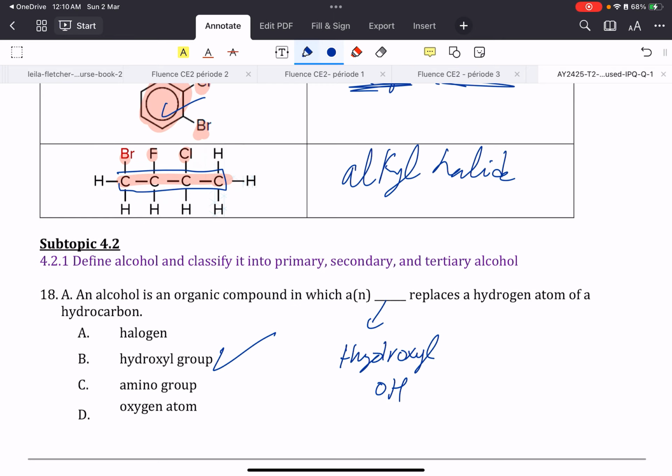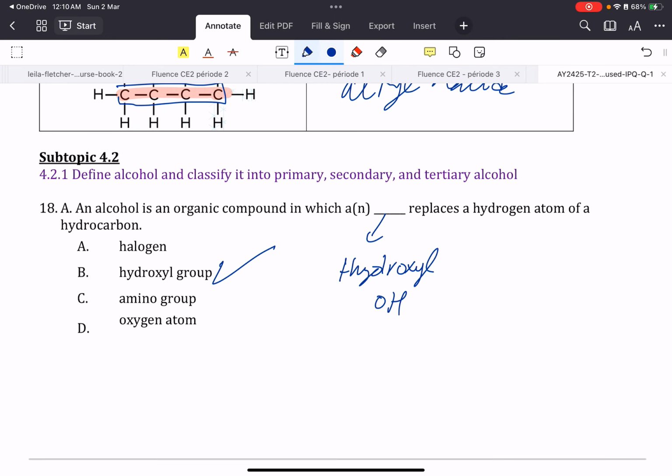If I want the answer to be a halogen, the question must be: an alkyl halide is an organic compound in which a halogen replaces a hydrogen of a hydrocarbon. So like that, I'll choose option A.